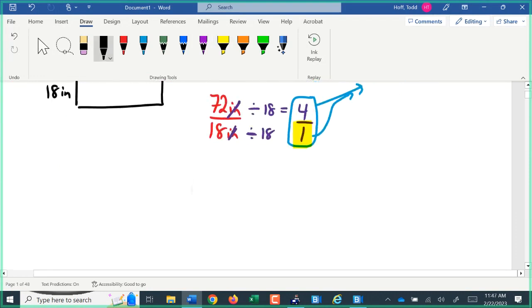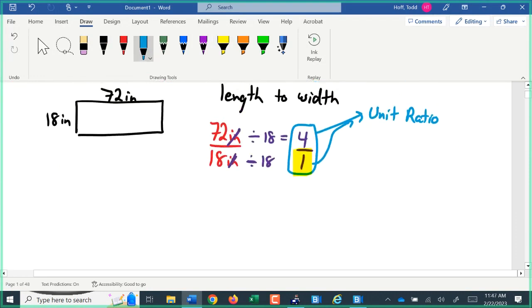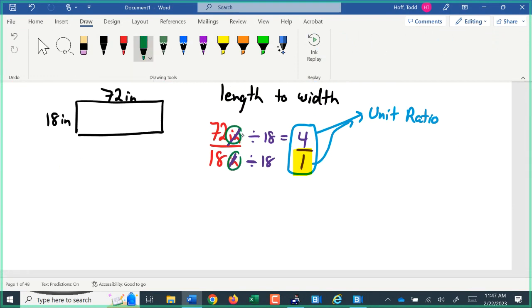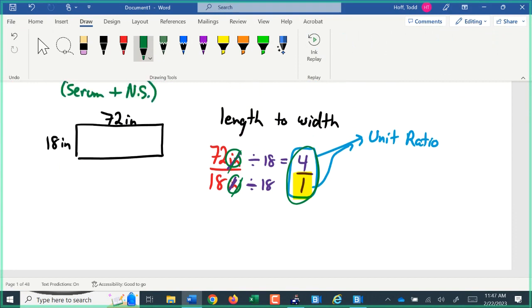The third point I want to make off of this, and the final point, is we notice that the units canceled out. The inches and inches canceled out, leaving us a ratio with no units. Because the ratio is always unitless, it means it doesn't matter what units we actually use to measure. Here we had inches for the length and width, but it doesn't matter.